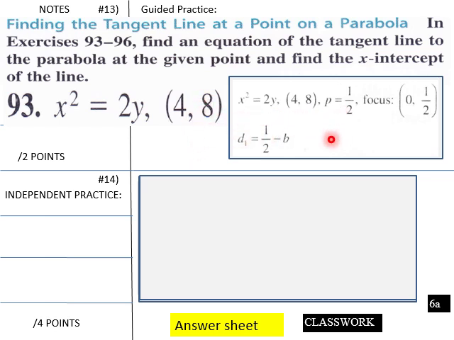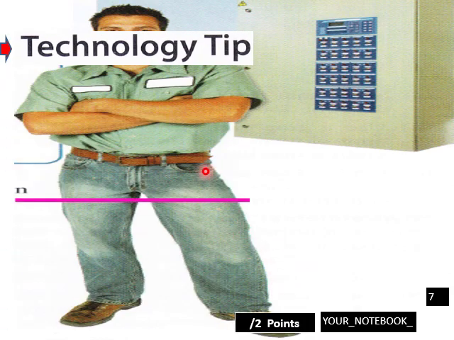So p equals 1/2. In this case, p equals 1/2. So the focus will be (0, 1/2). So distance 1 would equal 1/2 minus b. We know that from up here. And then I'm going to let you do the rest of that on your own, students.